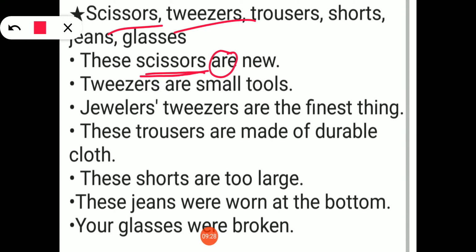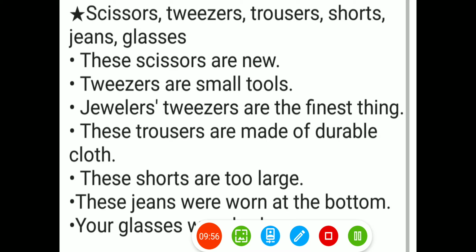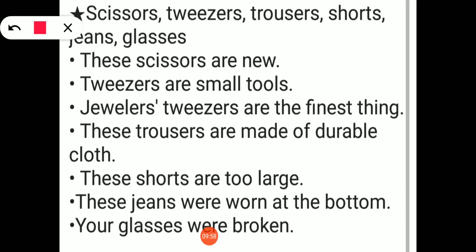Next, tweezers. What is a tweezer? It is a small tool. It is used for removing hair from the eyebrows, and jewelry shops use it to hold tiny things, to remove and fix small stones. That is called a tweezer. It is a small tool. Okay. Tweezers are small tools. So here are is an auxiliary verb.